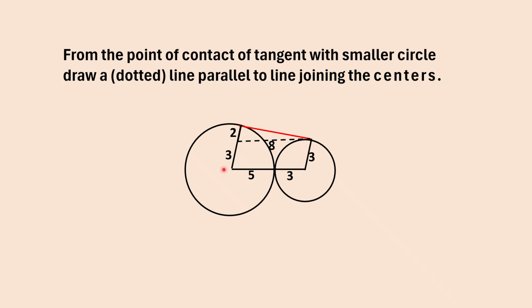A line parallel to the line joining the centers. See the dotted line, and we are drawing it starting from the point of contact of the tangent with the smaller circle. So this dotted line is parallel to the line joining the centers, and now let us see how to solve it.